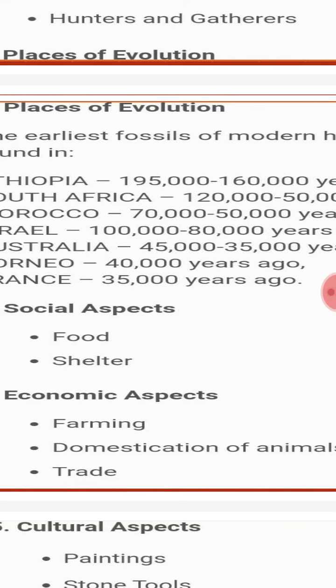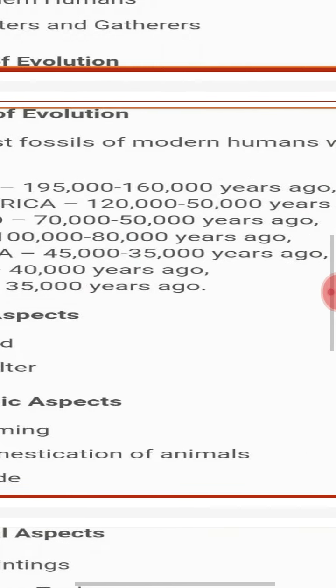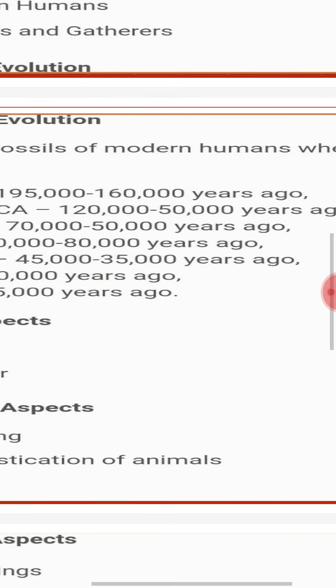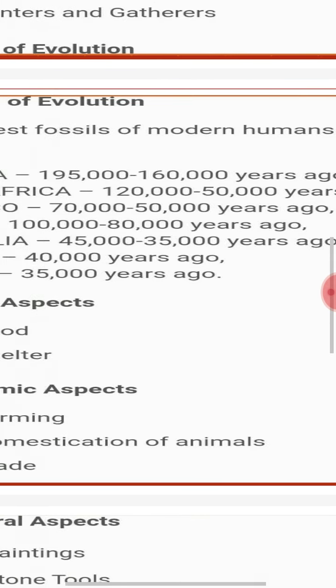From South Africa, the fossils we found are from 120,000 years to 50,000 years ago.